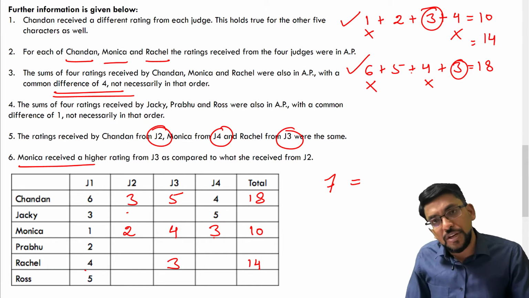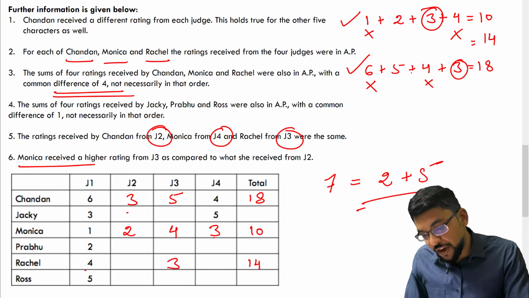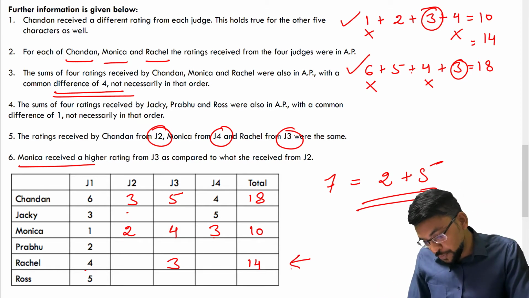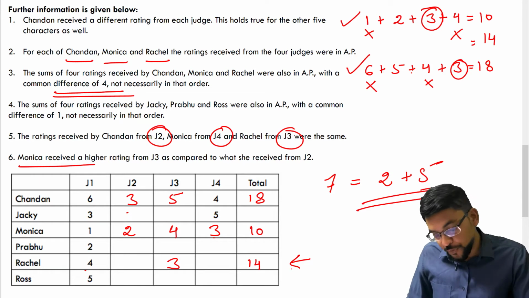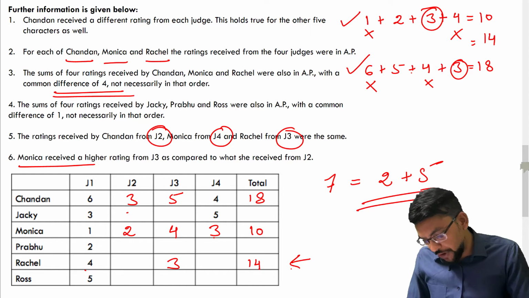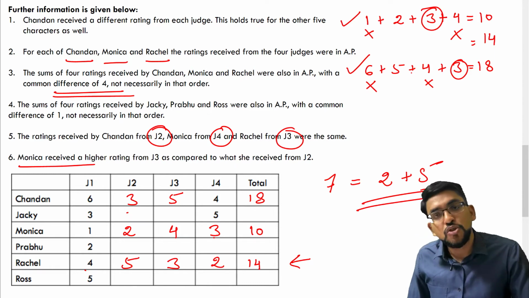So if the summation given to us is 7, then the numbers that can be taken here are 5 and 2. So only these two numbers we can take to make sure this particular row is in AP. Now, when you know where to put 2 and where to put 5, you can see from here 2 cannot come here because 2 is already here. So we can fix this number to be 5 and this number to be 2 here.